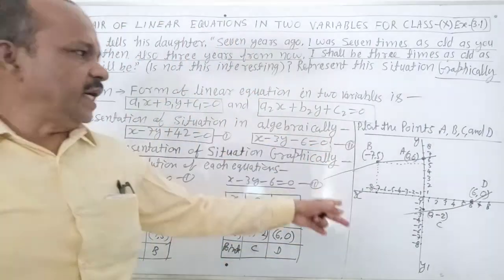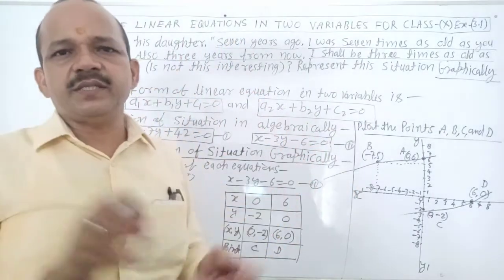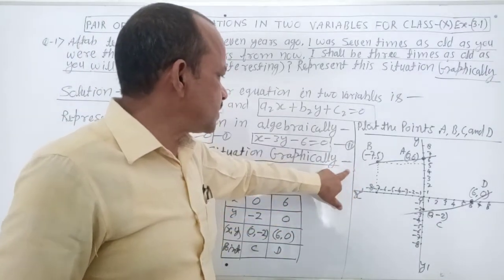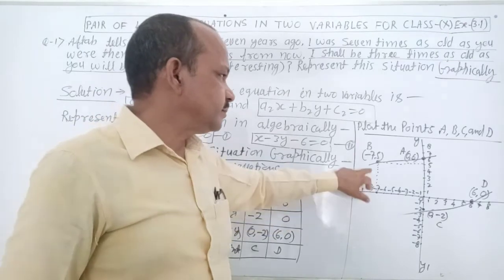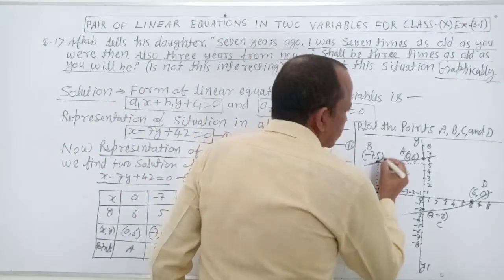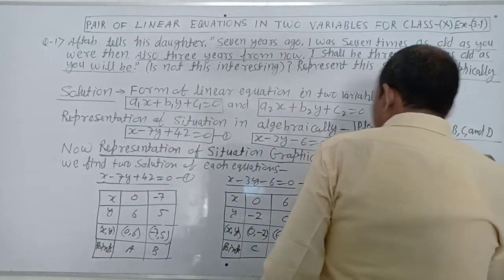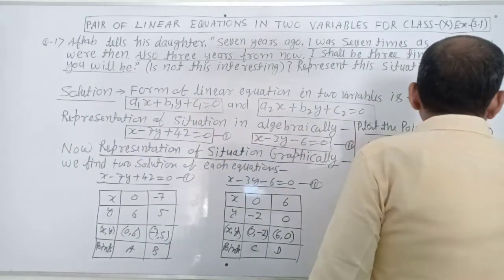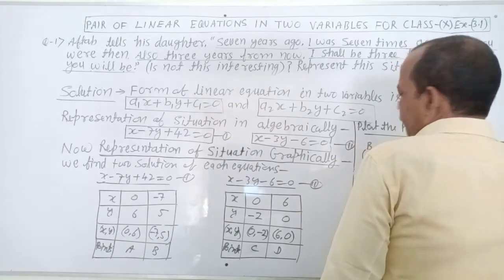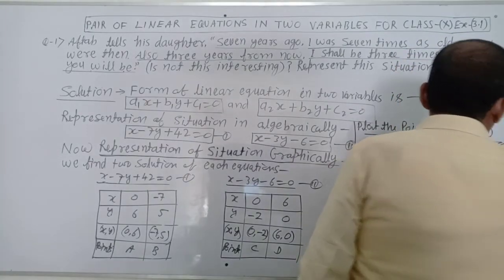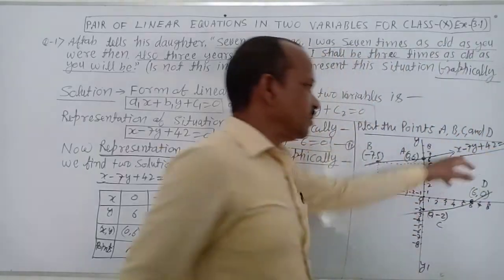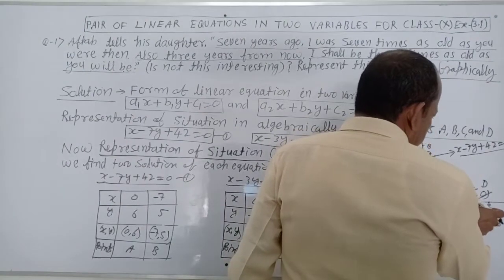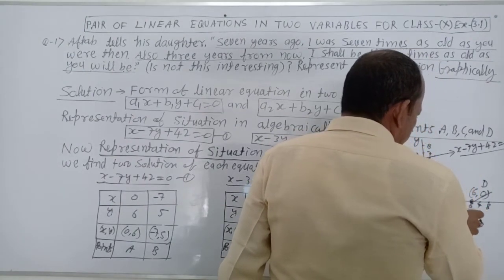In this way you can solve any question very easily by the help of this solution. Solution is clear? It is for equation first, x minus 7y plus 42 equal to 0. It is for this equation and it is for equation second.